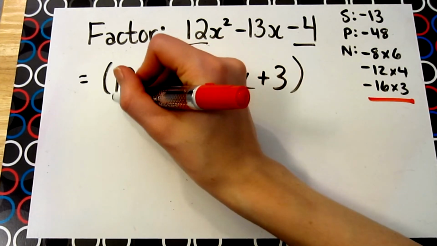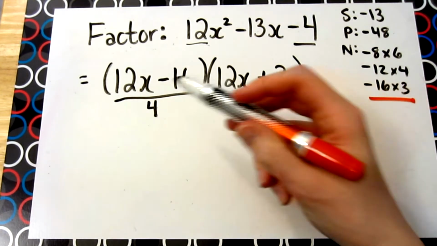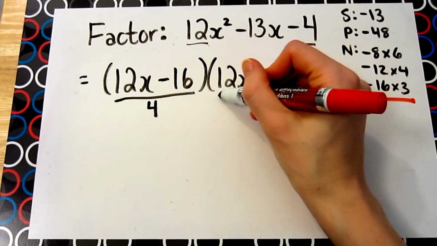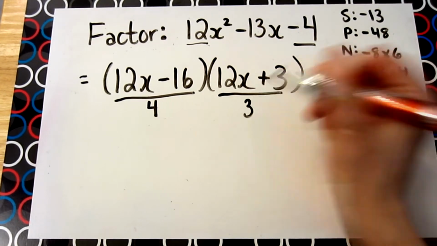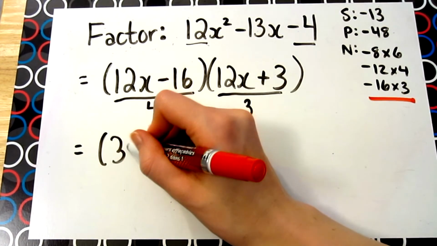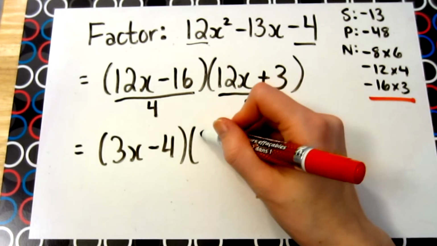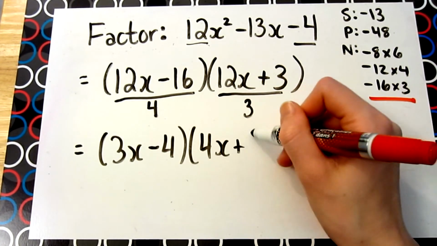And finally, we're dividing off any common factors. So in the first set, we can divide by 4, and in the second set, we can divide by 3. The resulting answer will be 3x minus 4 multiplied by 4x plus 1.